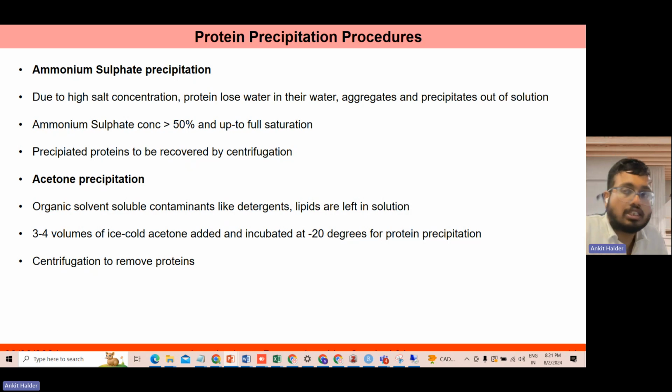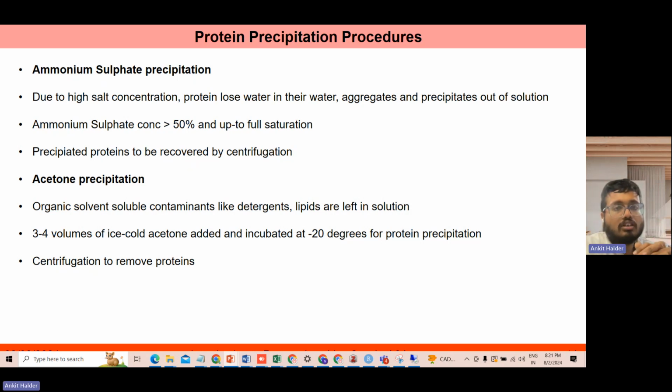Ammonium sulfate precipitation, why is it there? If we use a higher concentration of salt, then the protein will lose its water, right? The high concentration of salt will extract out the water. The protein and water components will come apart, and then the protein will aggregate and precipitate out of the solution.